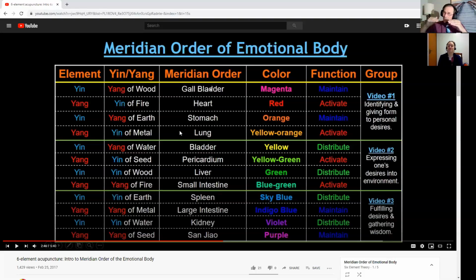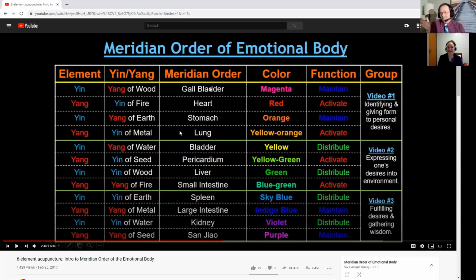So do you see how the acupuncture treatments can tell us exactly what meridian? It's a kind of journey. So you need to see in which phase of the journey you are, and you need to treat the meridian to be able to go further and evolve in your journey. That's exactly it.